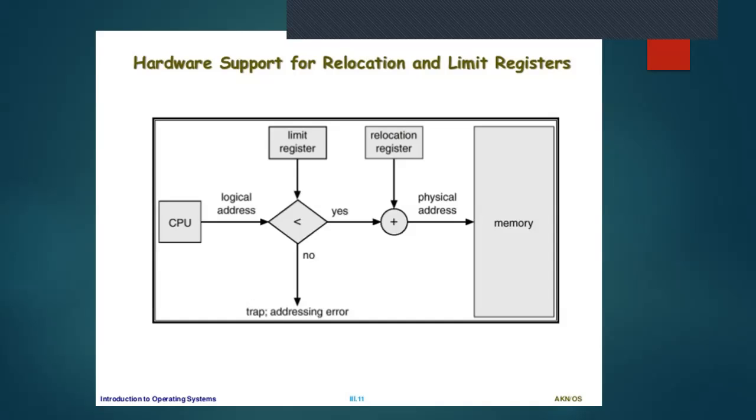The logical address is compared with the value of the limit register. If it is not less than, then there is a trap. What is a trap? A trap is nothing but an addressing error. So this is the hardware support for relocation.